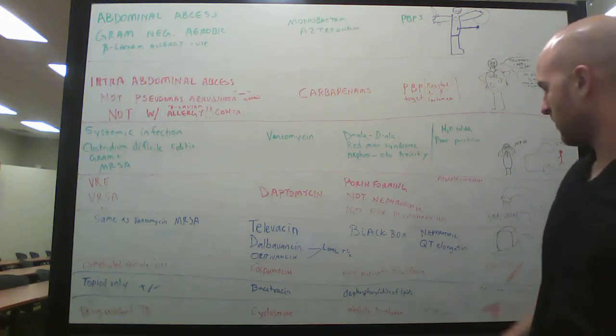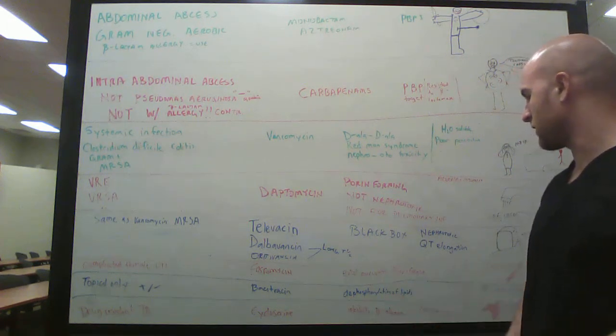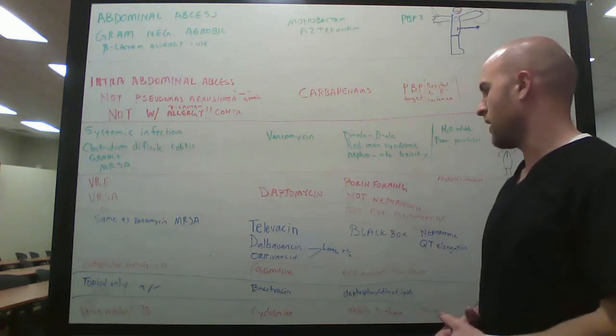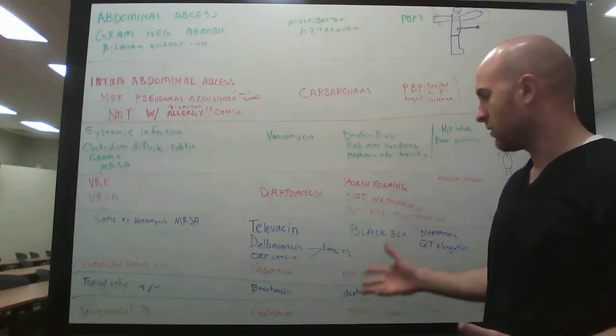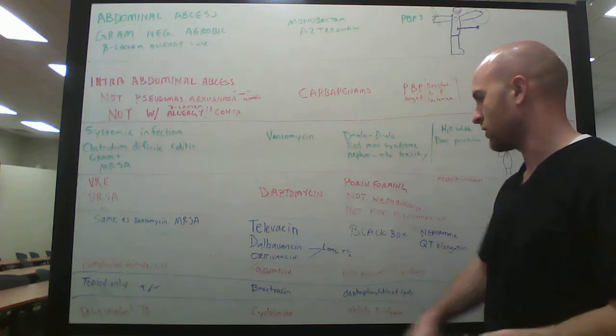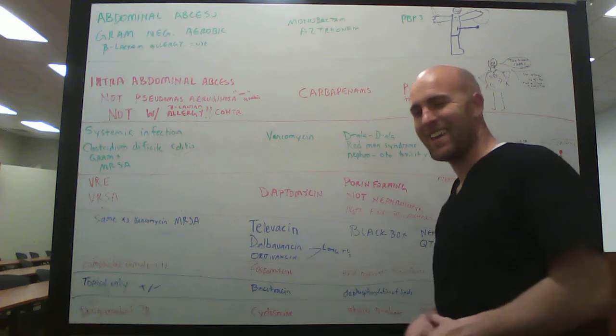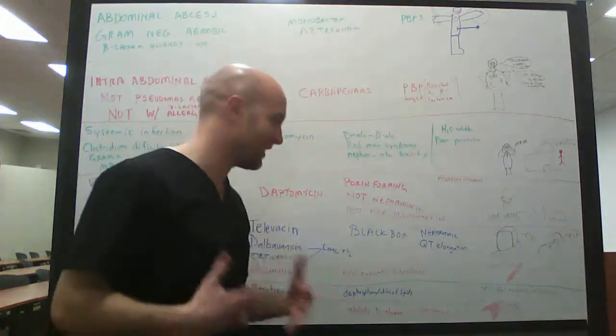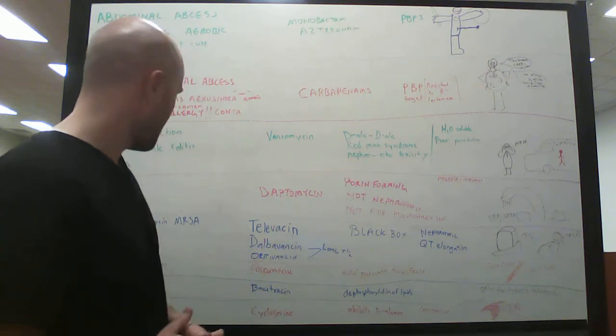Way too toxic. And the way that it works is the dephosphorylation of lipids. So it kind of shuts things down. And bacitracin, I guess you can think that it's just for tracing wounds or infections, not actually going inside of the infection. So it's just on the outside, external use only.